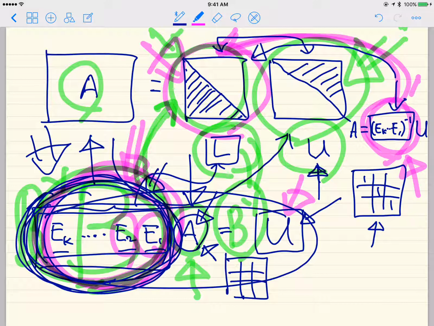I'm not proving it, we can prove it, but it requires a nice and elegant technique in linear algebra. So we're going to skip it, and you can just take it as it is.